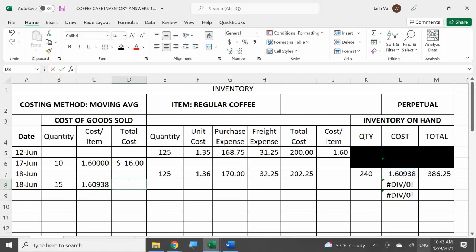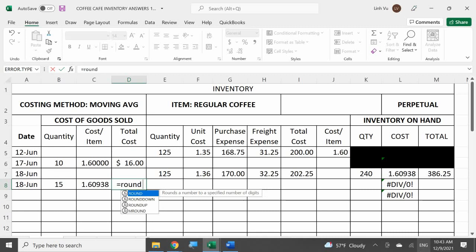Correct. So in this case, this is where your equal round formula is going to come into play if you are using Excel. If you are using a calculator, I would recommend to go like 2 more decimal places over to calculate this, because you are going to get a rounded-ish number. Okay. So in this case, how much is my total cost of goods sold?